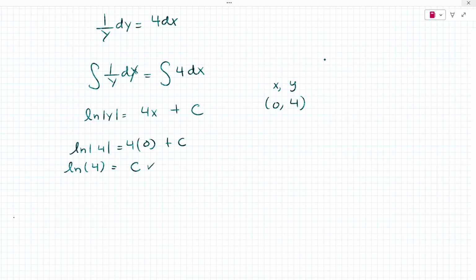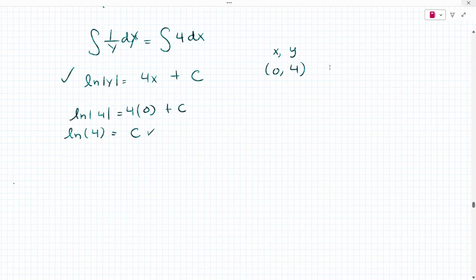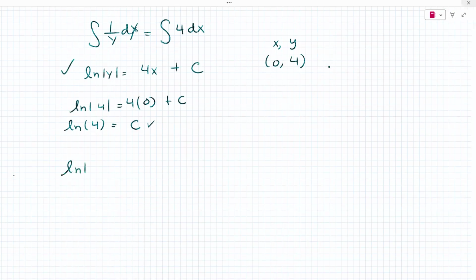Now the next step is solve for y. So go back to here. It's going to be ln of absolute value y equals 4x, and then you can replace c with ln of 4, right? Okay, now we're going to solve for y. We have an ln, so I'm going to take e to both sides.